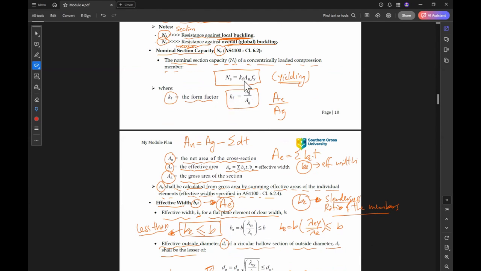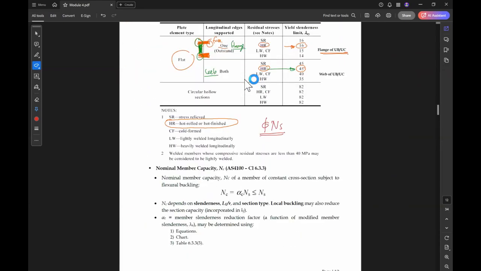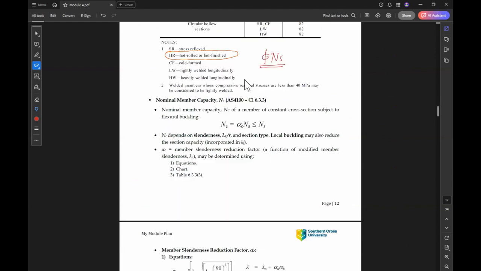So using area net and KF and F yield, you can find NS. Okay, so this is the first part of the calculation, phi NS, or the section capacity of the member.